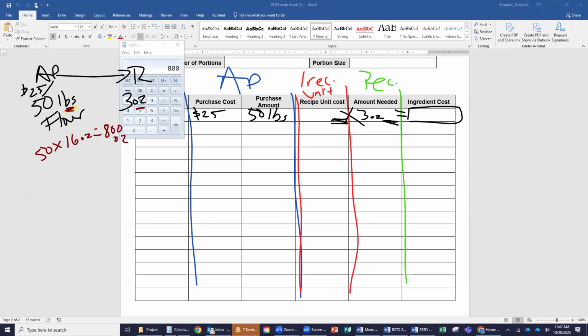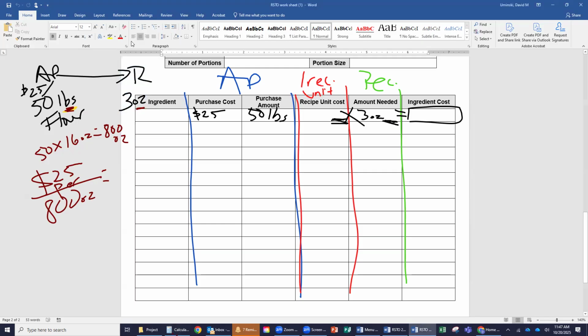And now I take my $25 cost per, that's the word per, is the division, 800 ounces. 25 divided by 800. Okay, so I get 0.03125.